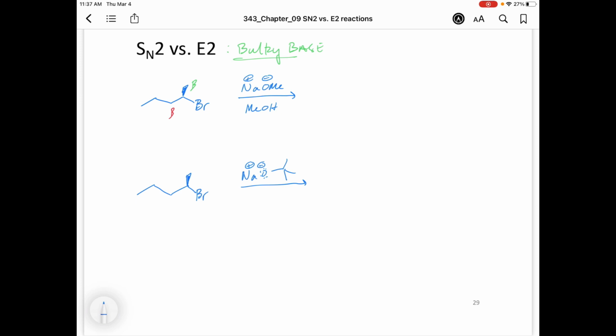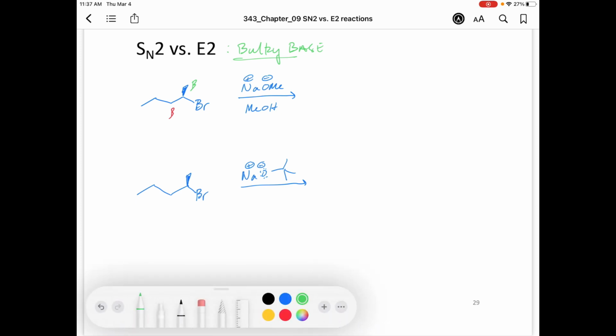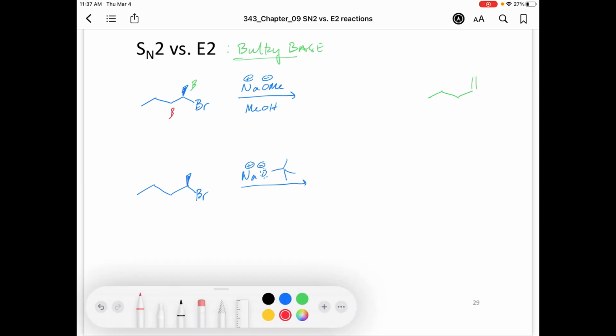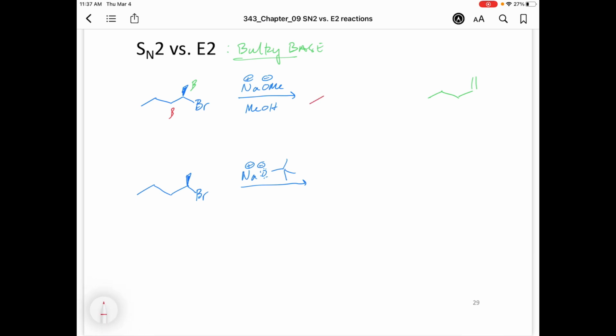Now, for the beta carbon in the green, we would expect to see this terminal alkene. All right. For the beta carbon in the red, we would see 2 different products here. We could get a cis or a Z alkene, or we could also get this to be a trans alkene. So there's 3 different products here.